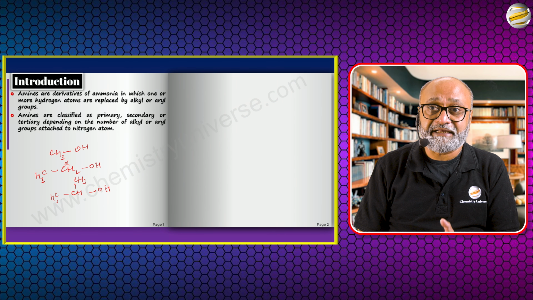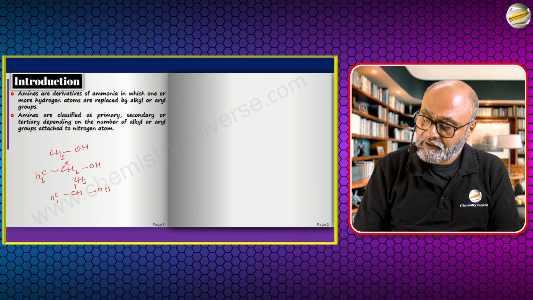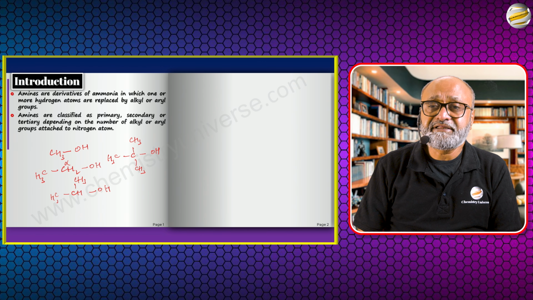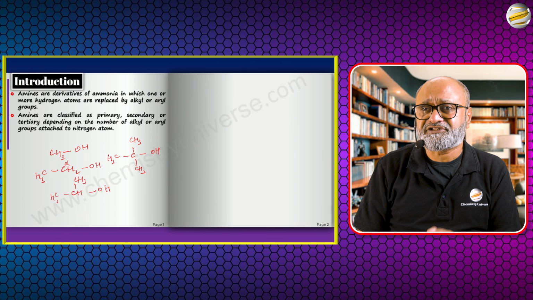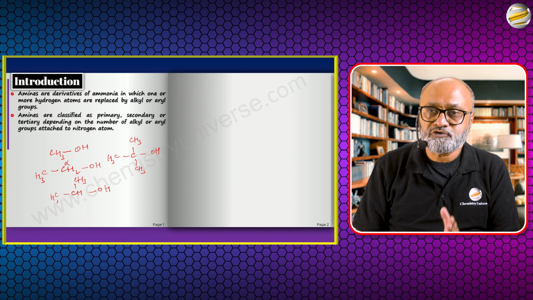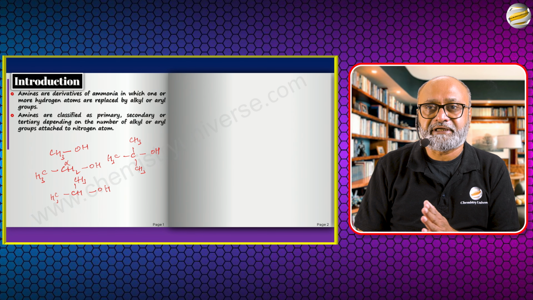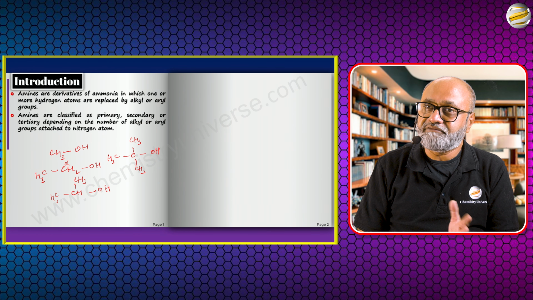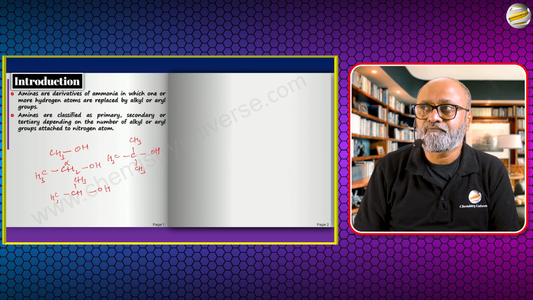And if this carbon was attached to 3 carbons, and 3, let us say, alkyl groups, of course, they need not be CH3, this alpha carbon is a tertiary carbon and the alcohol becomes a tertiary alcohol. So that is how primary, secondary and tertiary alcohols are distinguished or classified.